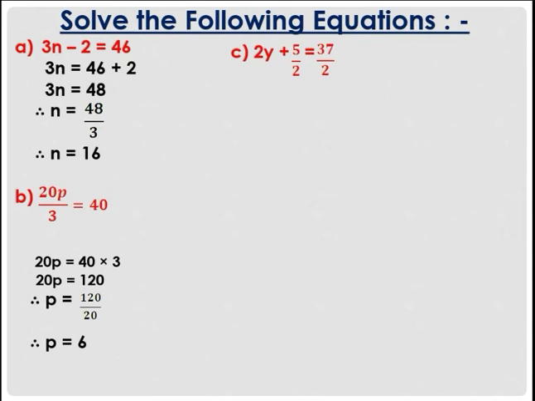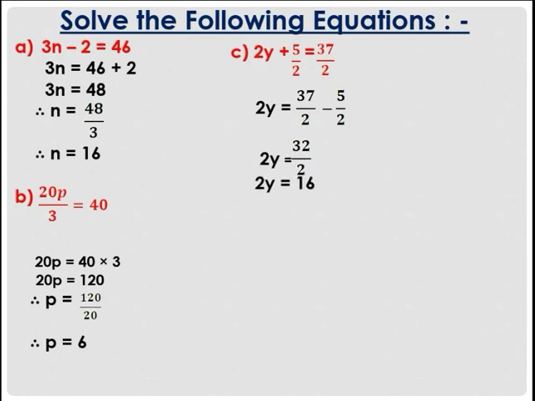2y plus 5 upon 2 is equal to 37 upon 2. Now we shifted 5 upon 2 from LHS to RHS, it becomes minus. So 2y is equal to 37 upon 2 minus 5 upon 2. So 2y is equal to 32 upon 2.